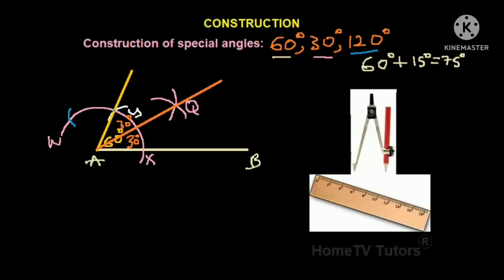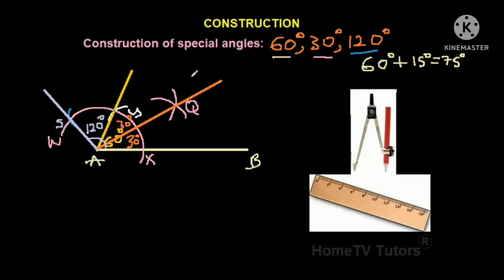Let's have this point of intersection labeled as S. Good. So now we draw the line joining A and S, or passing through the point of intersection S. So now we have created another 60 degrees added to the previous 60 degrees. So now we have angle 120 degrees.